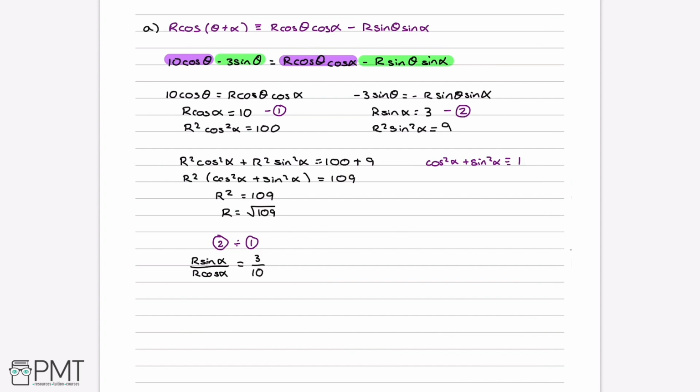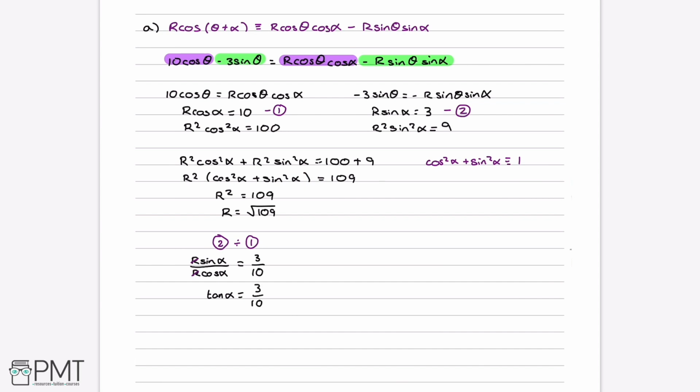Because the two r's cancel, and because we know that sin alpha over cos alpha is equal to tan alpha, we can say that tan alpha is equal to 3/10. Therefore, if we do the inverse of tan 3/10 in our calculator, we get that alpha is equal to 16.70 degrees to 2 decimal places.